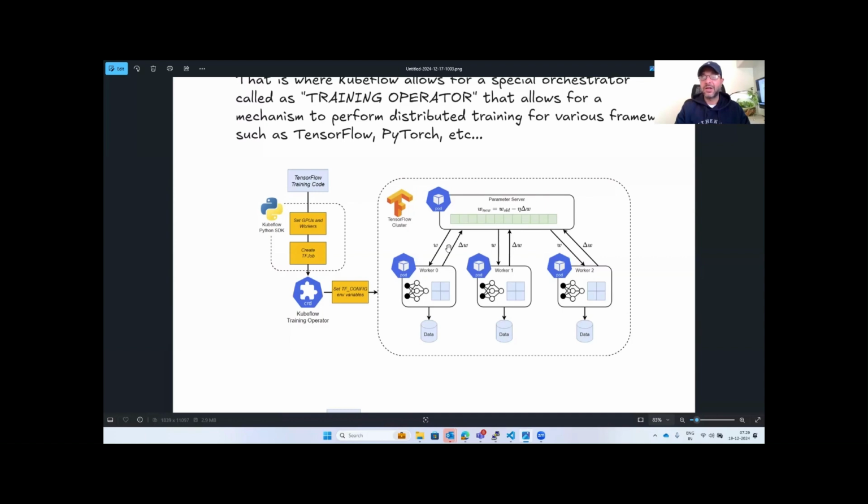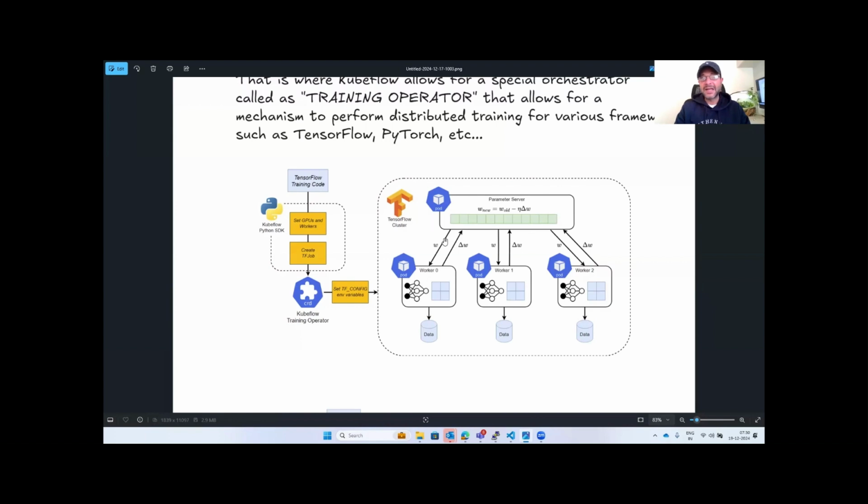This is in the context of data parallel processing or execution. You will need some entity that will help you converge the states of these model runs, and that is called a parameter server. Again, it is a pod in Kubernetes.